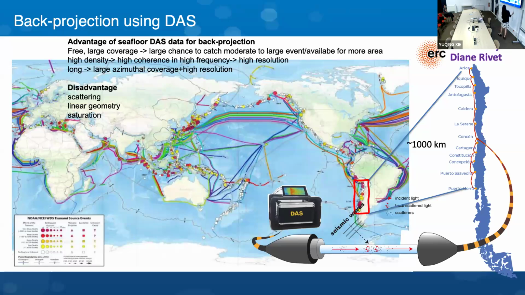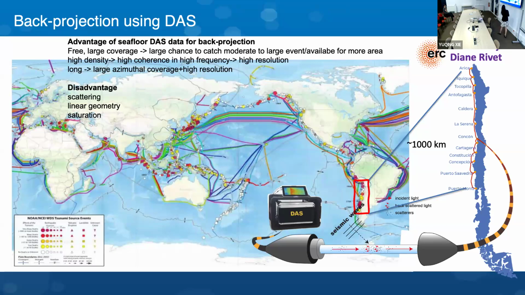For example, here you have about 1,000 kilometers of cable. It can roughly cover all the subduction zone here, and you have a large chance to catch all the large subduction earthquakes. It also has large density, and the sensor gap is about 4 meters.